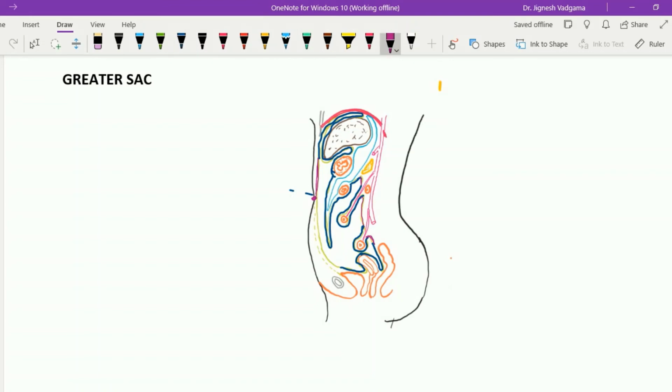Now again, after covering the superior surface of the bladder, this visceral layer becomes parietal and reaches up to the umbilicus. So this whole sac, which covers the anterior surface of the stomach, greater omentum, the transverse mesocolon, mesentery, sigmoid mesocolon, recto-uterine pouch and vesico-uterine pouch, this whole sac is the greater sac.